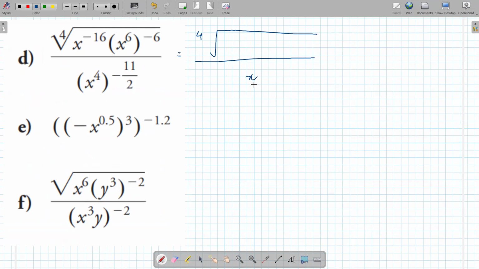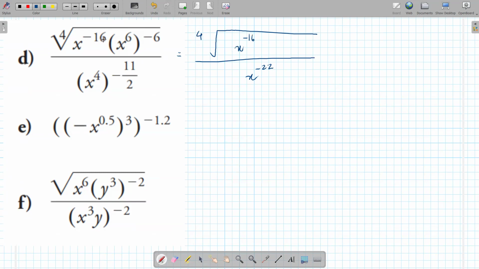What's going to be the power of x in the denominator? What's 4 times -11/2? -44/2. So that's -22. Up top we have x to the -16.